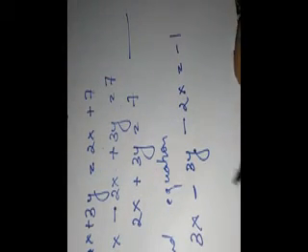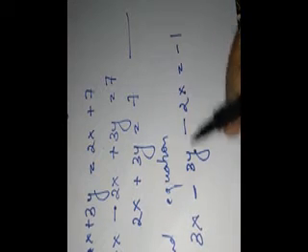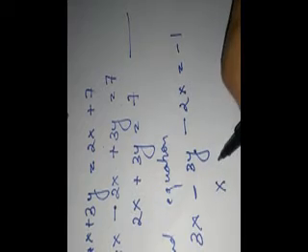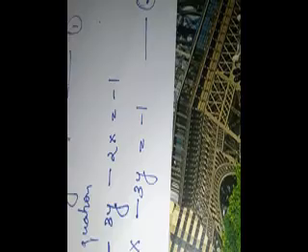So 3x minus 2x, you will be getting 1x. x minus 3y is equal to minus 1. We got this as the second equation. This equation has been simplified.